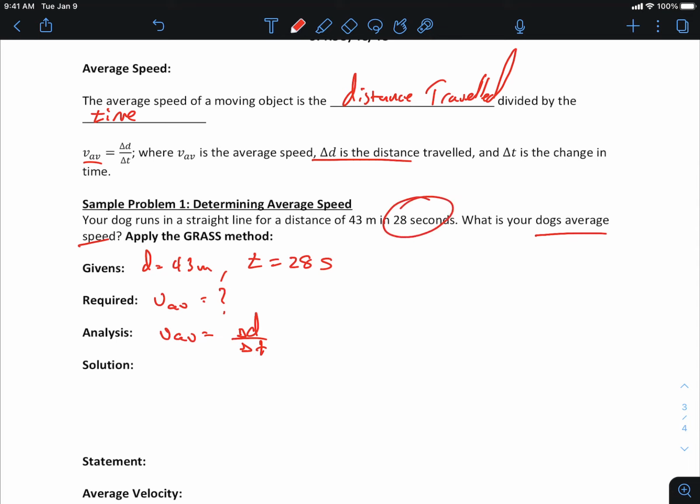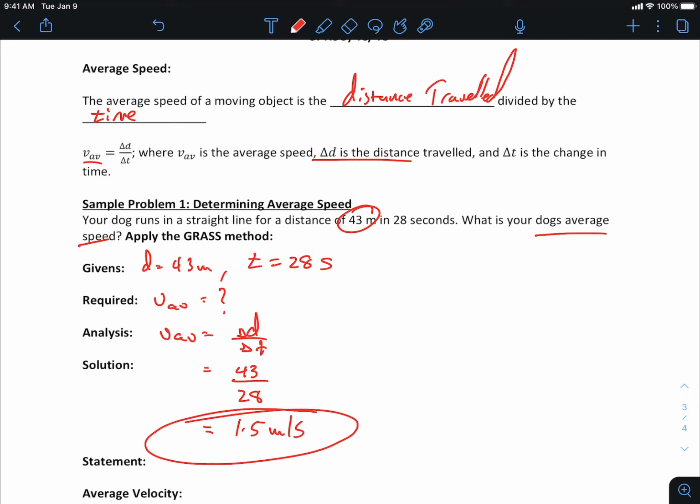I think again here we're just talking about the fact that we're starting at 0 and then it ran 43 meters, right? So the distance value is going to be 43 and divided by 28 should be 1.5 meters per second. Now, how do I know that the units are meters per second for this? Well, this comes into a conversation. This is what physics is nice for, in terms of it puts some of the things that we emphasize in math into context, right?